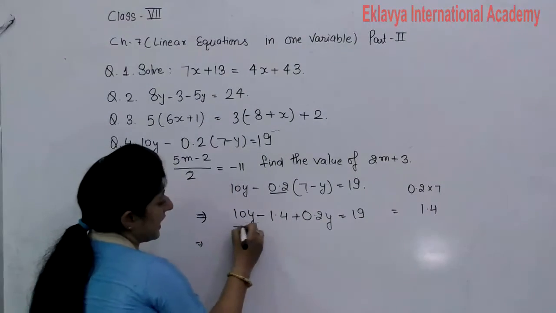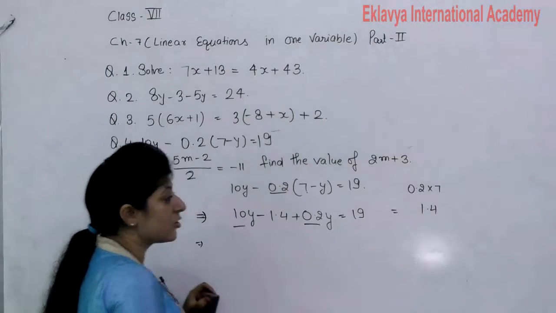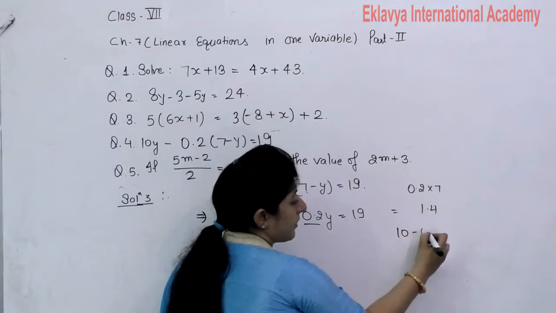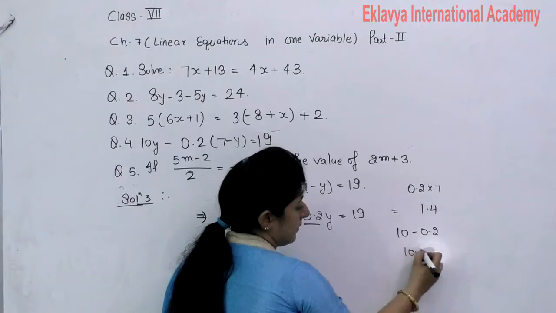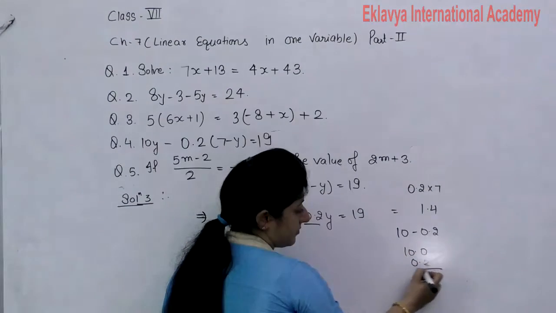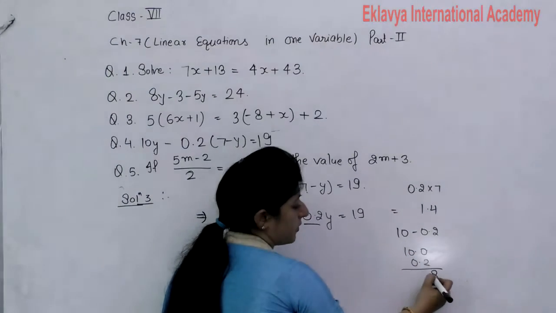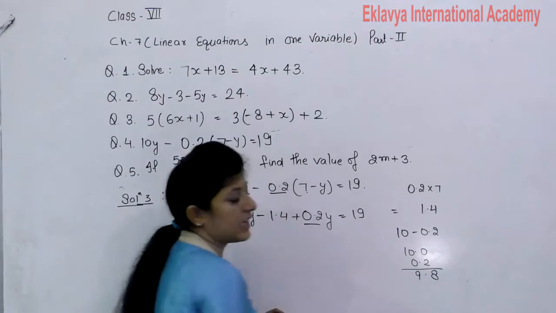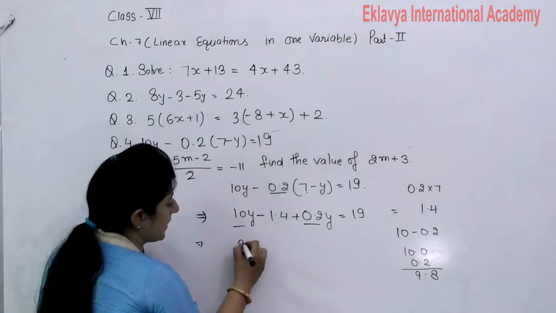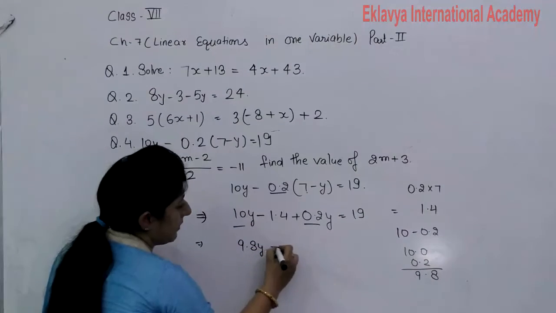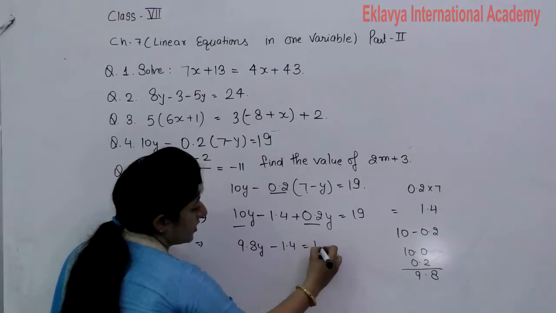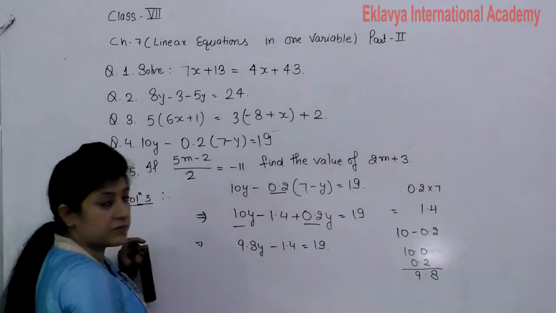If you see, there are like terms, 10 minus 0.2. 10 minus 0.2 means 10.0, 10 minus 2 is 8, and 9 remaining. So this becomes 9.8y minus 1.4 is equal to 19.